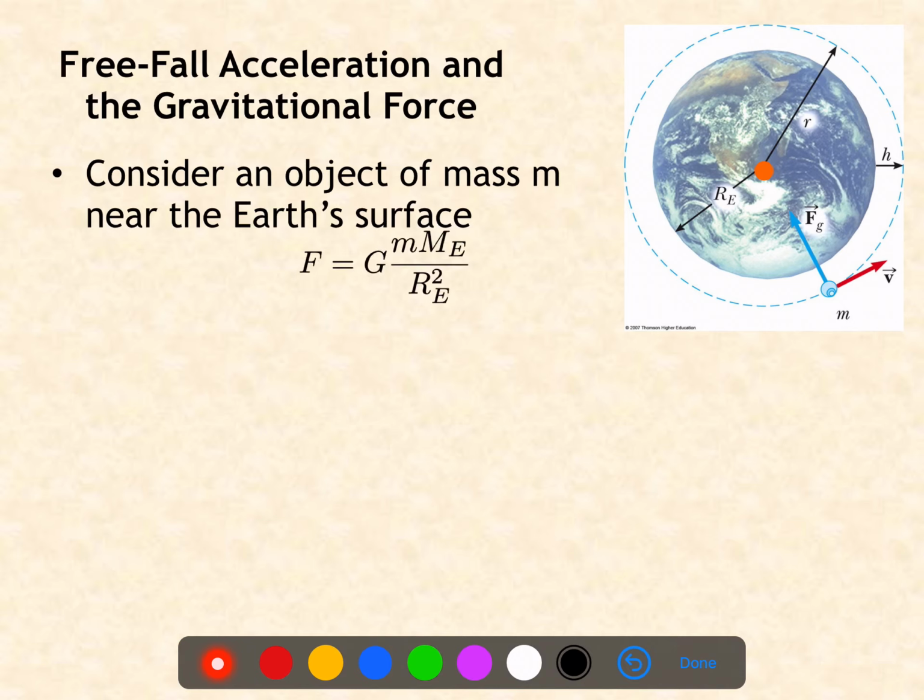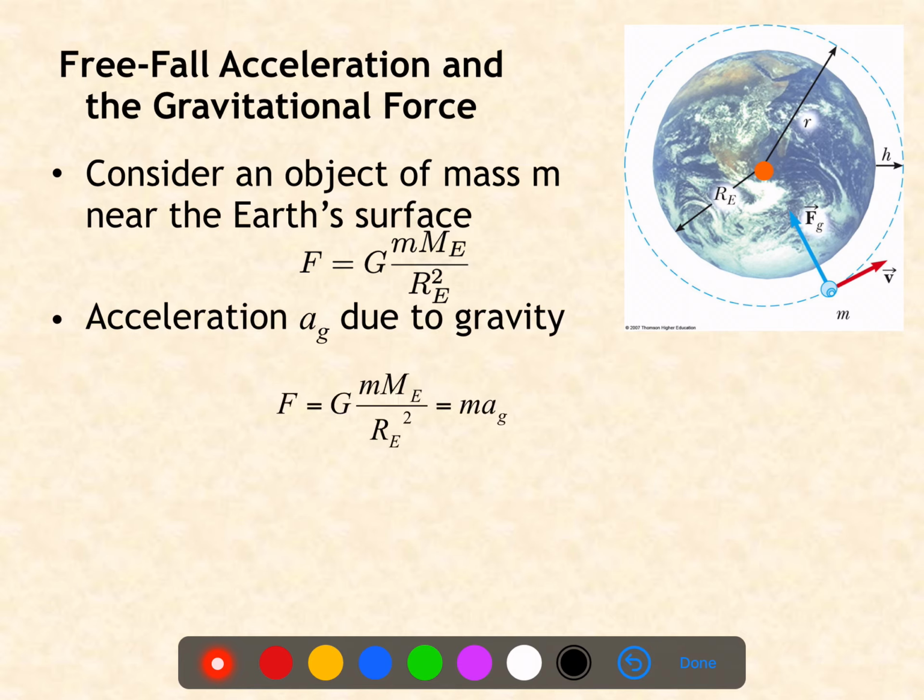But now that we have the tool of the universal law of gravity, that F equals capital G m m over r squared, we can actually couple that with Newton's second law and say, well, if this is the only force at work on some mass little m, then this universal gravitational force should equal m times a, where a is my acceleration due to gravity.